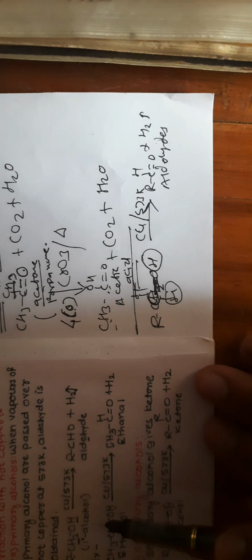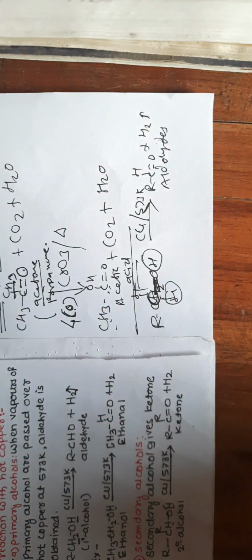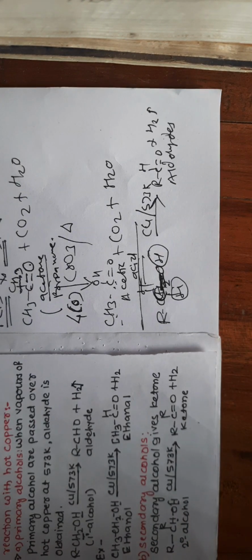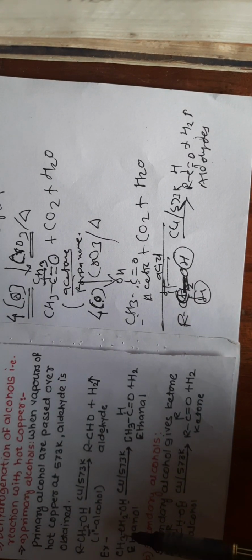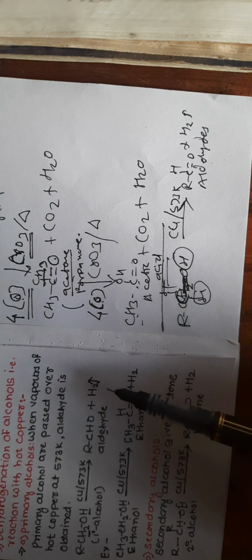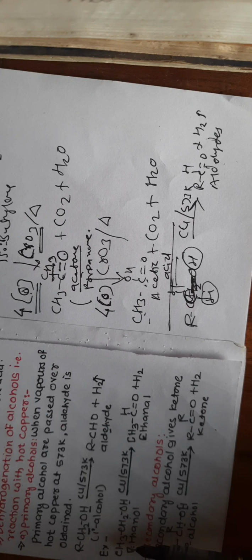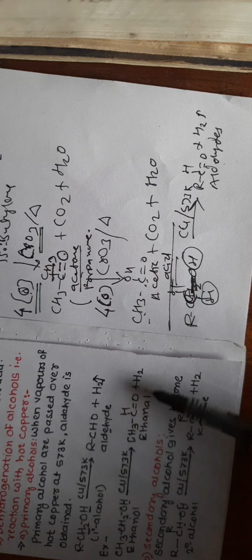If it is a primary alcohol, aldehyde is formed. Already I have given this reaction here: RCH2OH gives RCHO plus H2. Below I have taken an example: ethanol plus Cu at 573 K gives CH3CHO plus H2.